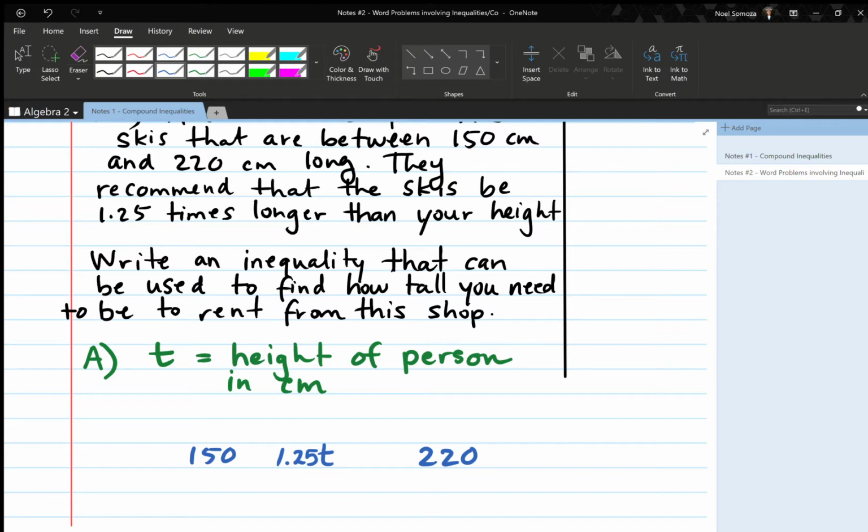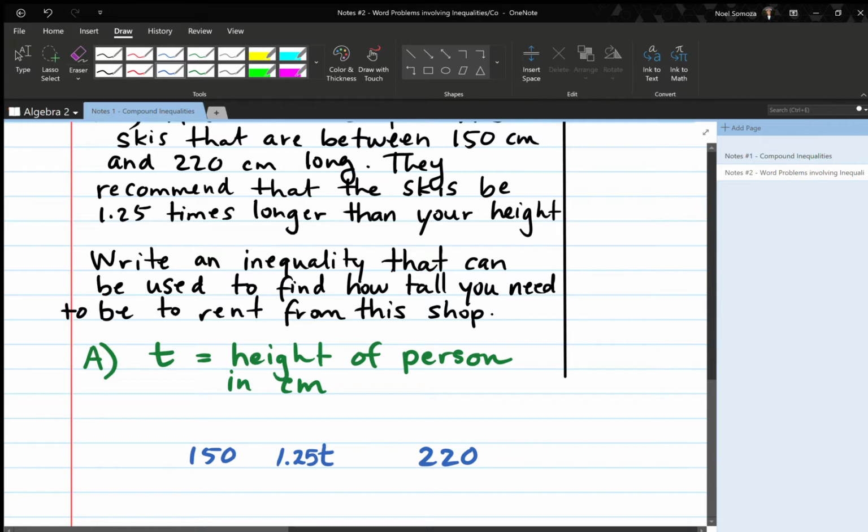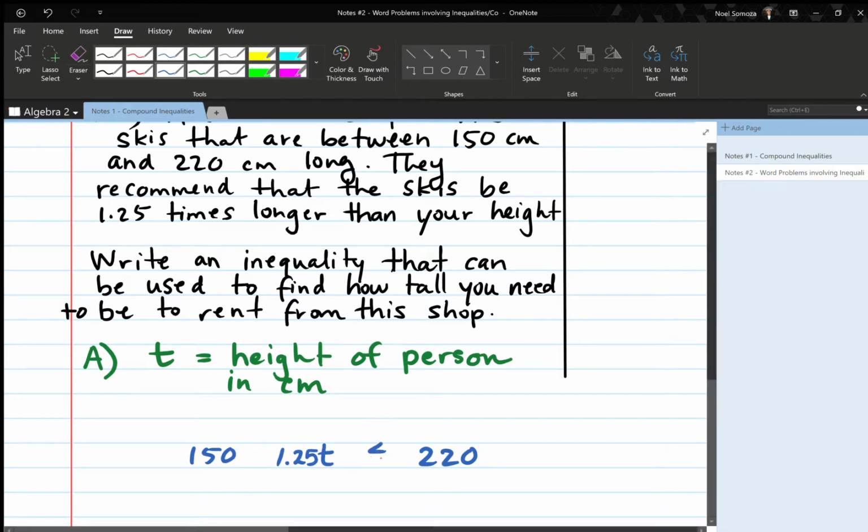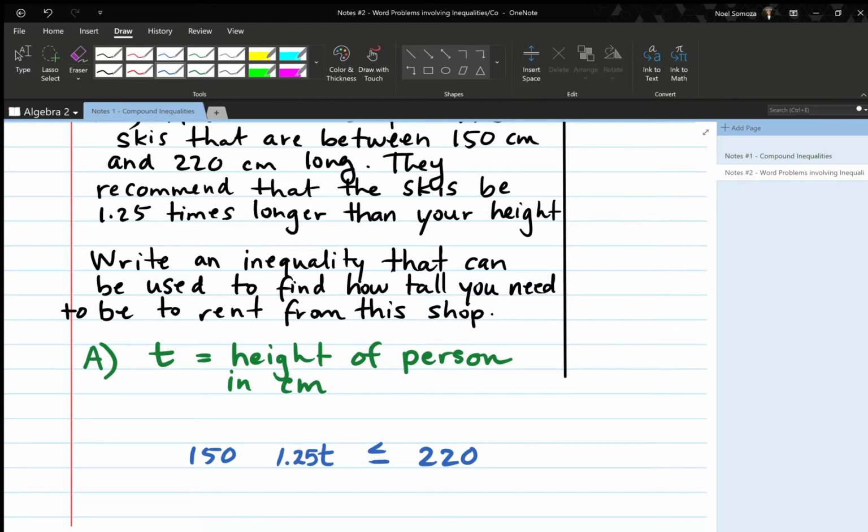So what's the relationship here between 1.25t and 220? Is it less than, or equal to? Less than or equal to, because they have skis that are exactly 220. And then between 150 and 1.25t, we want this to be greater than or equal to 150, right?